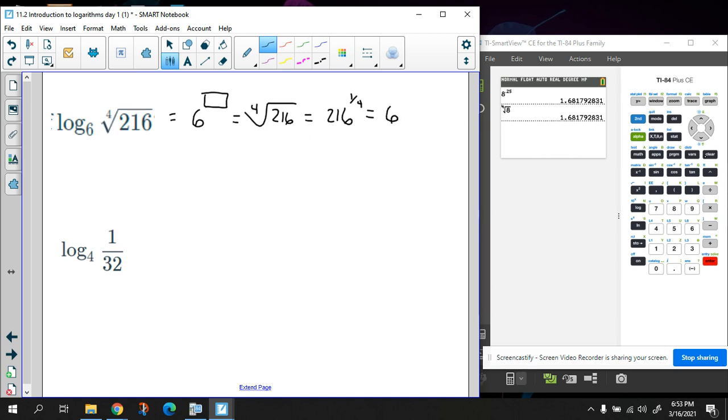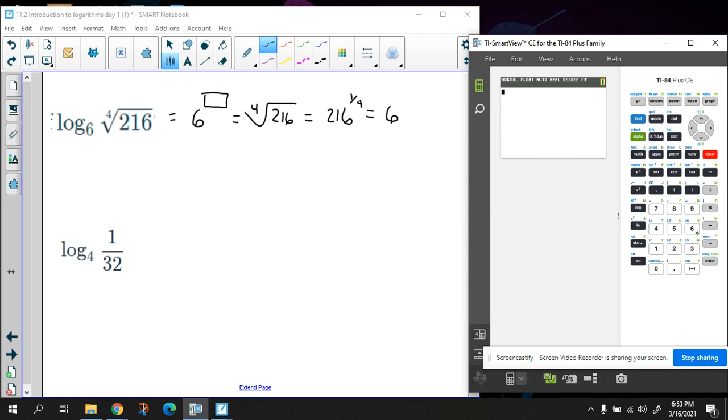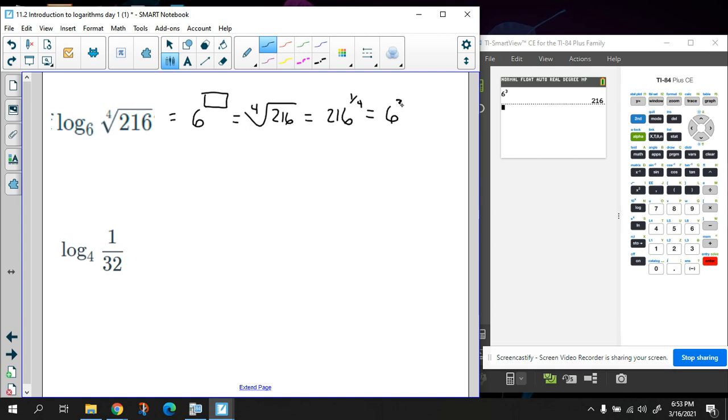On our calculator, we know 6 squared is 36, so let's go 6 raised up to the 3rd. Yep, 6 to the 3rd is 216. So this practices your rules from the last unit: multiply power to a power rule, 3 times 1/4. Now that I made these bases match, that means the powers or exponents have to match. The answer to a logarithm is the exponent.